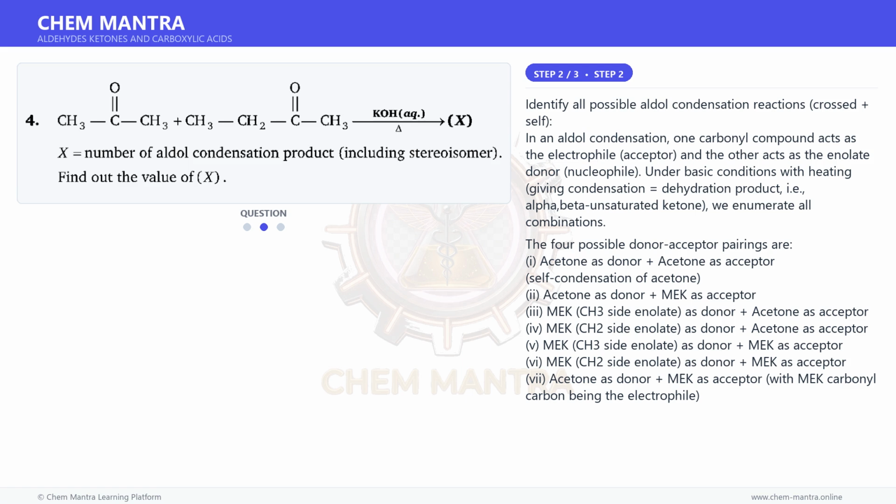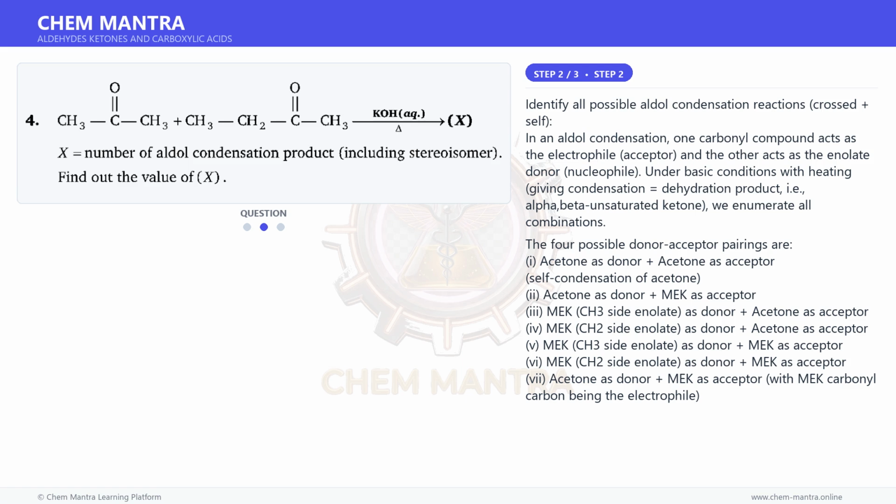1. Acetone as donor plus acetone as acceptor, self-condensation of acetone. 2. Acetone as donor plus MEK as acceptor. 3. MEK, CH3 side enolate, as donor plus acetone as acceptor. 4. MEK, CH2 side enolate, as donor plus acetone as acceptor. 5.